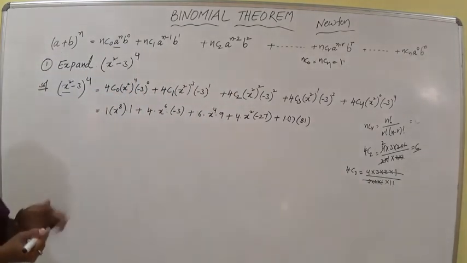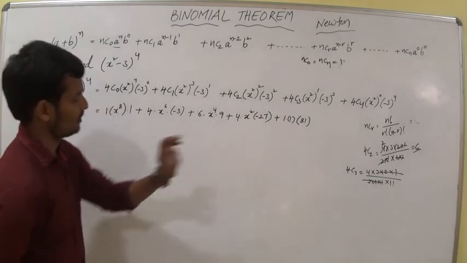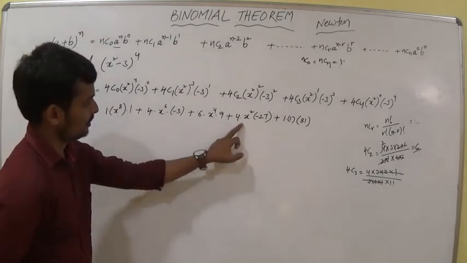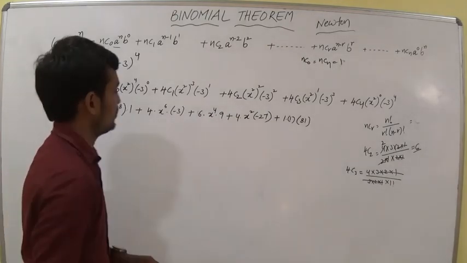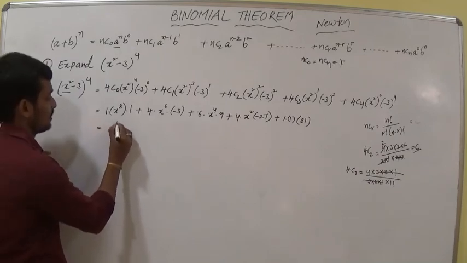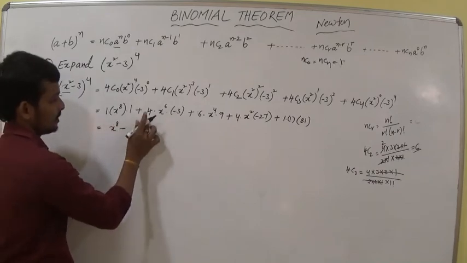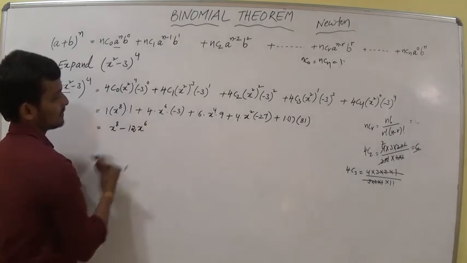Have you observed? Here, observe this 1 and the last 1, then 4, 4. The middle one is 6. 1, 4, 6, 4, 1. Now we can simplify. 1 into x to the power of 8 is x to the power of 8. Here minus 4 3s are 12, so 12 x to the power of 6.